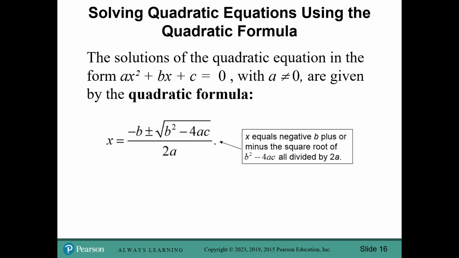It says here in the little sidebar box that x equals negative b plus or minus the square root of b squared minus 4ac, all divided by 2a. That's literally what I just wrote out and said.